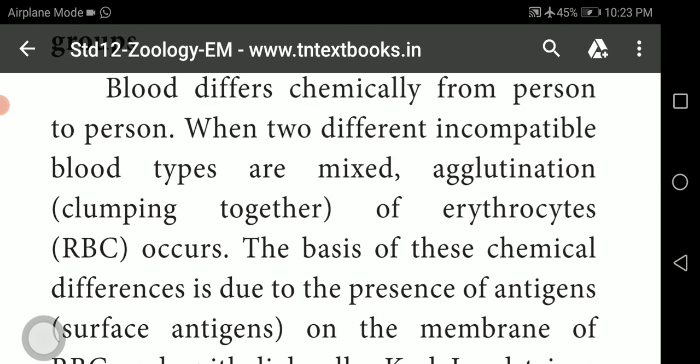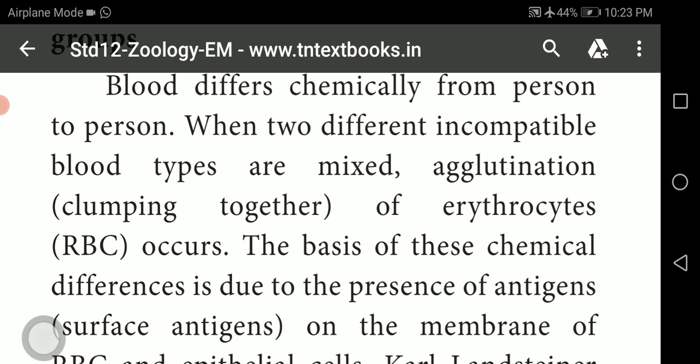When blood types are mixed, what will happen? Agglutination of erythrocytes will happen. What do you mean by agglutination? Agglutination means clumping together, or clotting.